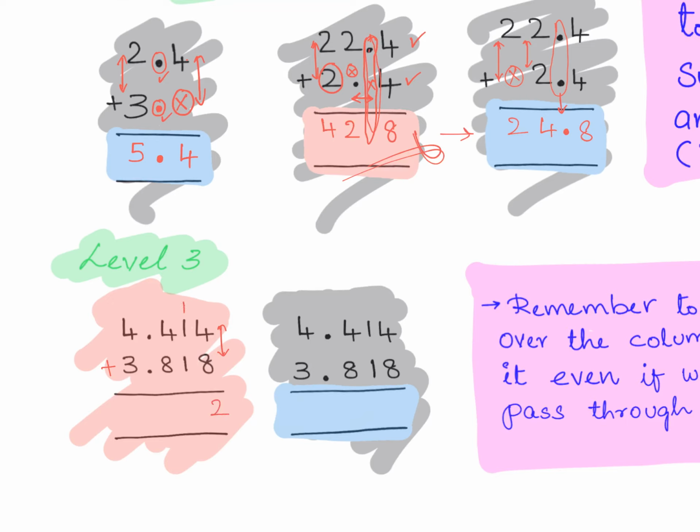And over here, moving to the next column, 1 plus 1 plus 1, that is 3, and then we have a column with 4 and 8. So 4 and 8, it gives again 12. Then we have 4 plus 3, 7, and the point must be on the same vertical line. So like this we keep. Okay, but it is wrong.